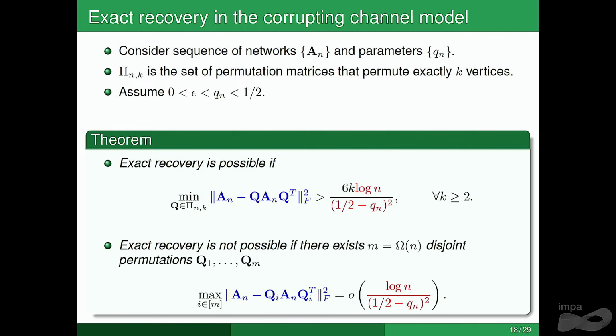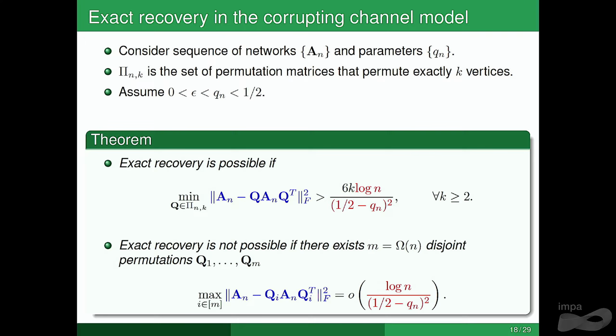And conversely, if we are able to find order of n disjoint permutations such that this is not true, or in other words, this quantity here is upper bounded by log n over some function of the probability of perturbation, then we're not going to be able to match the vertices correctly, right?